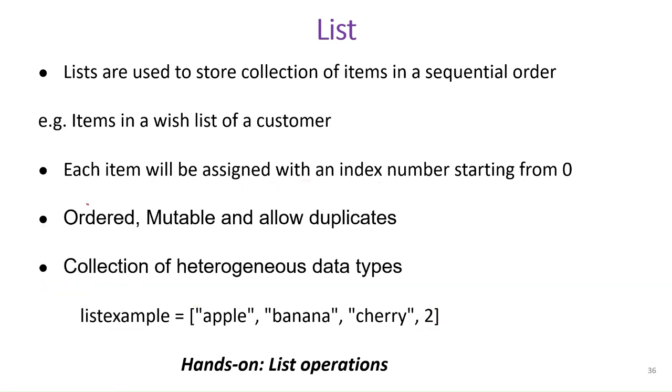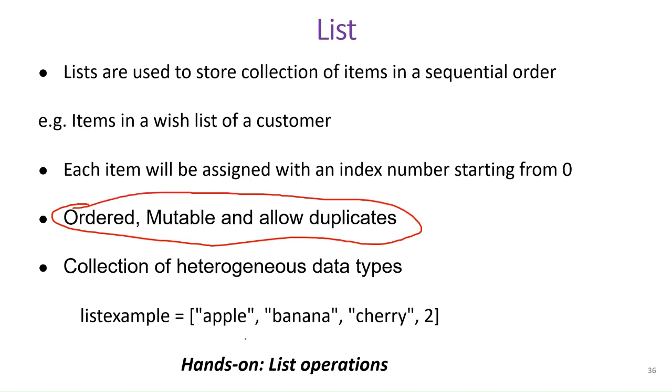Now, see this point, it is ordered, mutable, and allows duplicates. Ordered means, similar to the string we have seen, in string every character inside a string is associated with an index value. Similar to that, here too, every item is associated with an index value. Apple is zeroth index, banana is first index, cherry is second index, and 2 is third index.